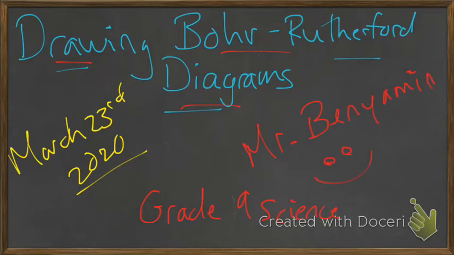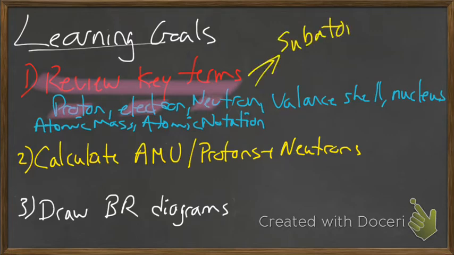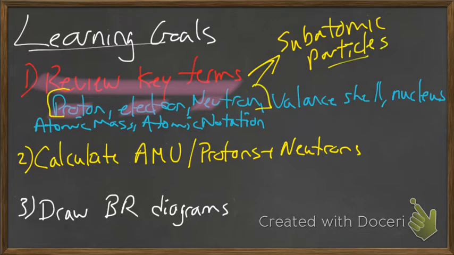Learning goals for this lesson. First thing we're going to do is review key terms. Proton, electron, neutron, these are all subatomic particles. These are what make up our elements. Valence shell electrons, we'll talk about those.